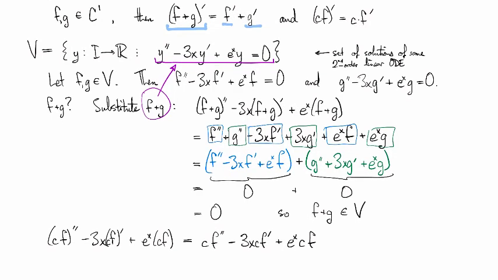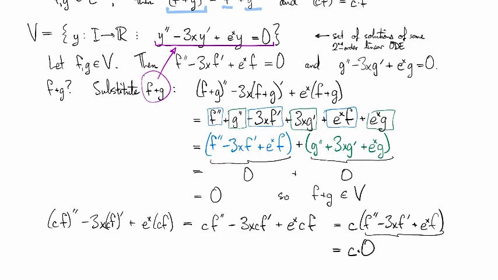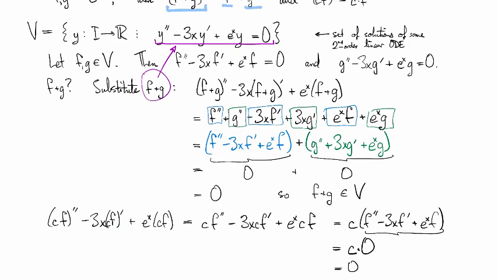And I can factor out a common multiple of c all the way through. So I have c times f double prime minus 3x f prime plus e to the x f. And so this part here, since we took f to be a solution of the differential equation, is 0. So I end up with 0. And that tells me that a scalar multiple of a solution is again going to be a solution to the differential equation. And this is actually secretly the reason why linear differential equations are defined the way they are.